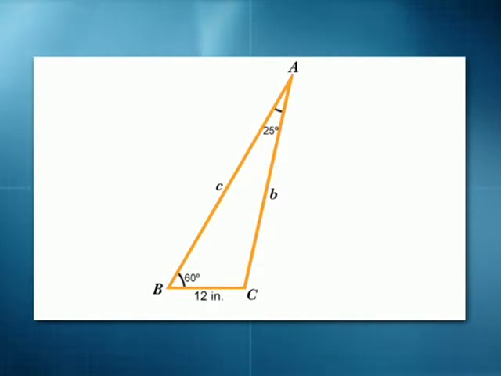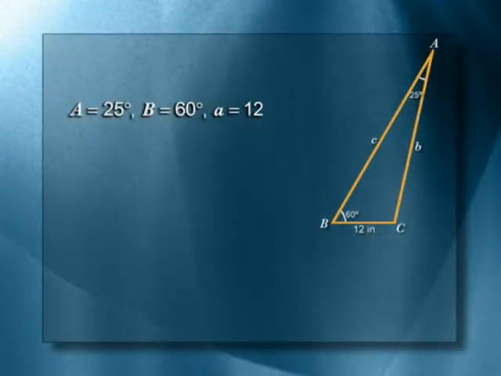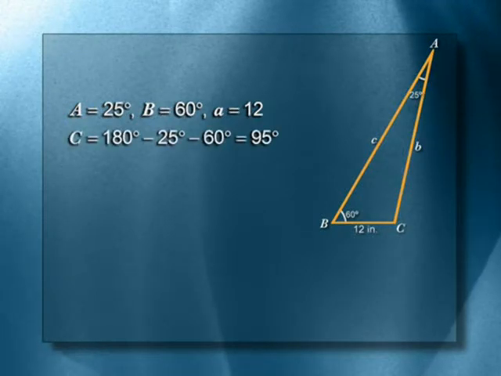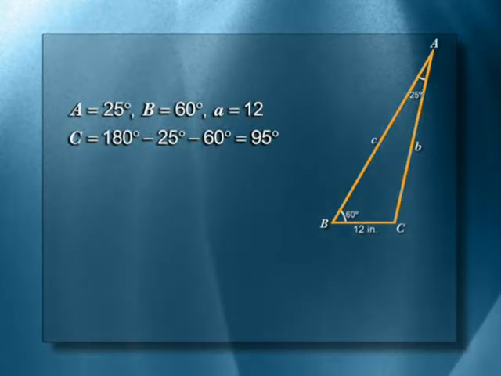It's pretty easy to find the angle at C. If you know two angles of a triangle, the sum is 180 degrees, so we can find the third angle. Clearly, if A is 25 and B is 60, then C is 180 minus 25 minus 60, or 95 degrees. So we now have all three angles of this triangle.